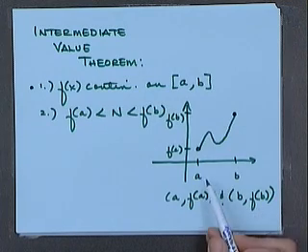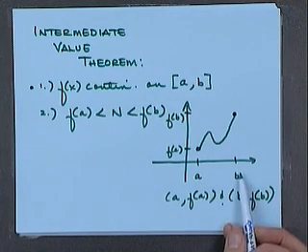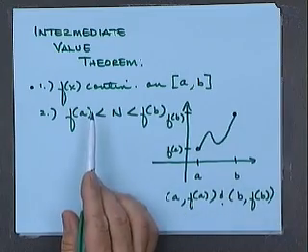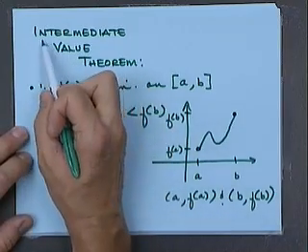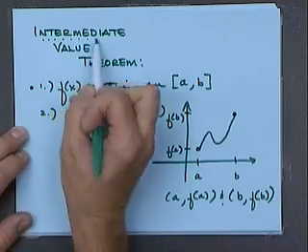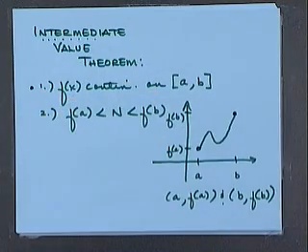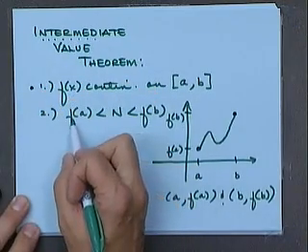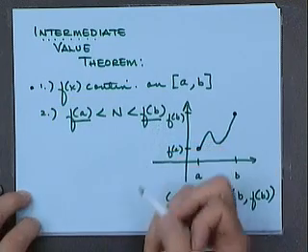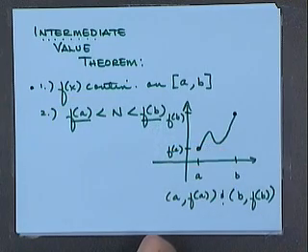So if all these things are true, we have 2 points in the plane. We've got a continuous curve. Now, the intermediate value theorem, you would think it had something to do with the values in between, and it does. The values in between the f of A and the f of B, if we pick any of them, capital N is in there.